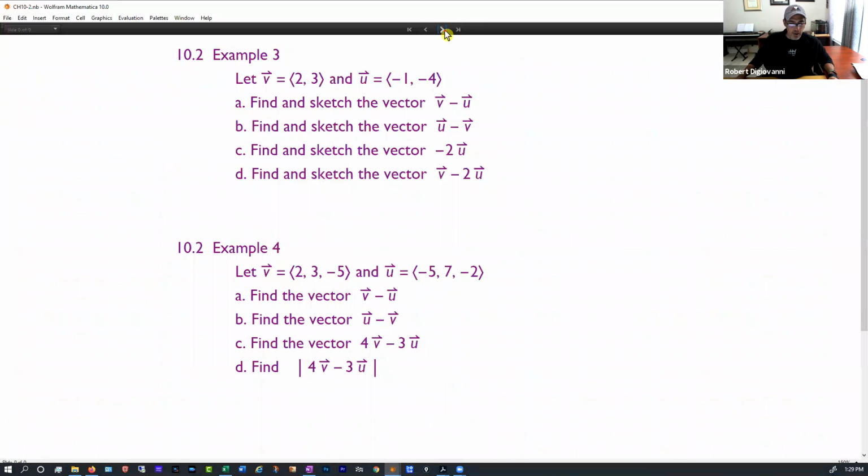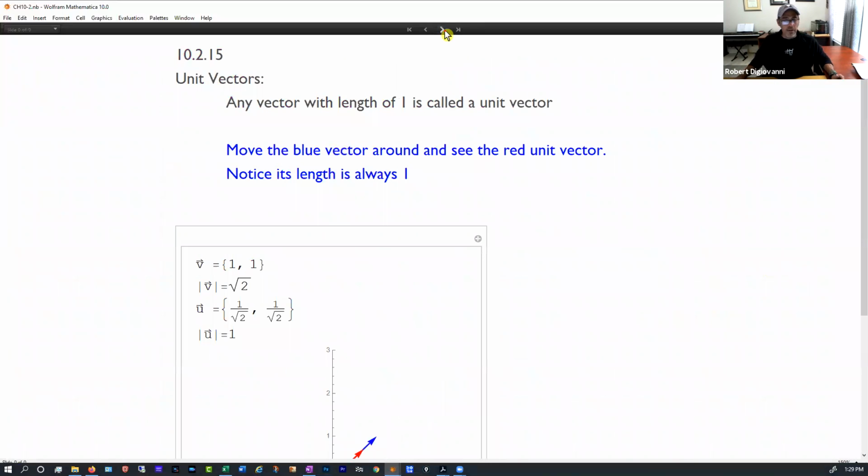All right, moving along. We have a new definition. Unit vectors. So any vector that has a length of 1 is called a unit vector. So any vector that's 1 unit long is referred to as a unit vector.